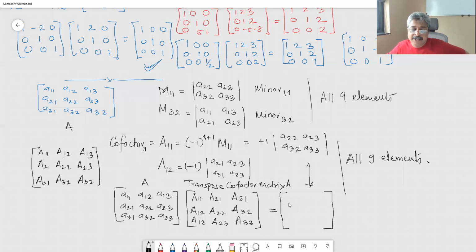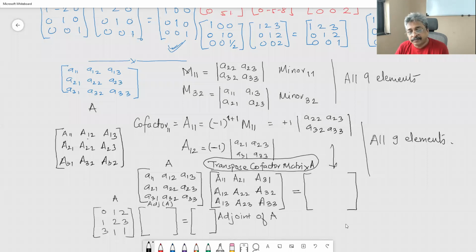What is this that you will get? Because the multiplication we are trying to do is general, you may not get a quick idea about what is going to happen. Instead, we can take a 3 by 3 matrix whose inverse we have already found: A is 0, 1, 2, 1, 2, 3, 3, 1, 1.